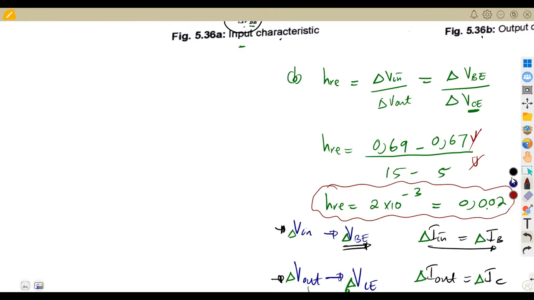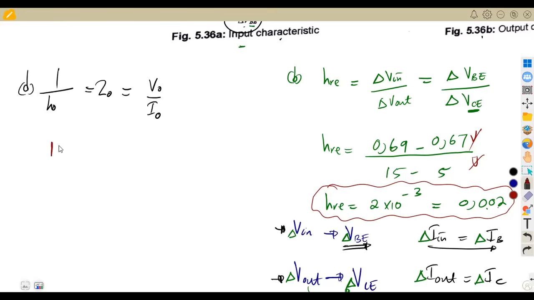So 1 over conductance, HO, it's for the output, which is conductance, gives us impedance in this case. Impedance is 1 over this, but as we know, impedance at the output must be voltage at the output over the current at the output. So in terms of a common emitter, we shall just have E there.